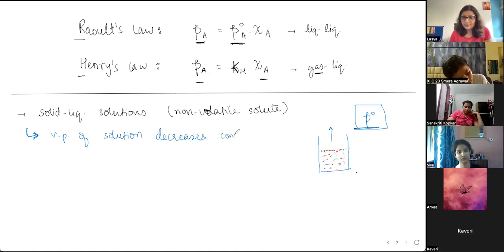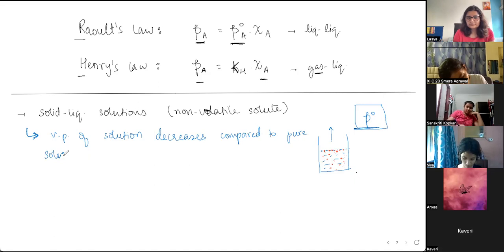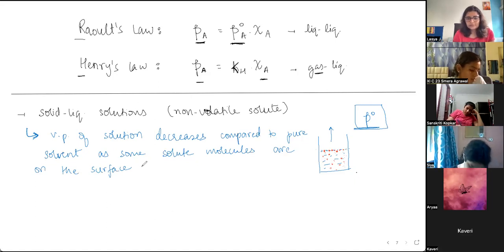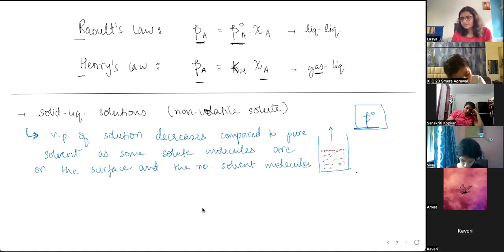Vapor pressure decreases compared to the pure solvent, as some of the solute molecules are on the surface or occupy the space on the surface, and the number of solvent molecules available for evaporation is reduced.